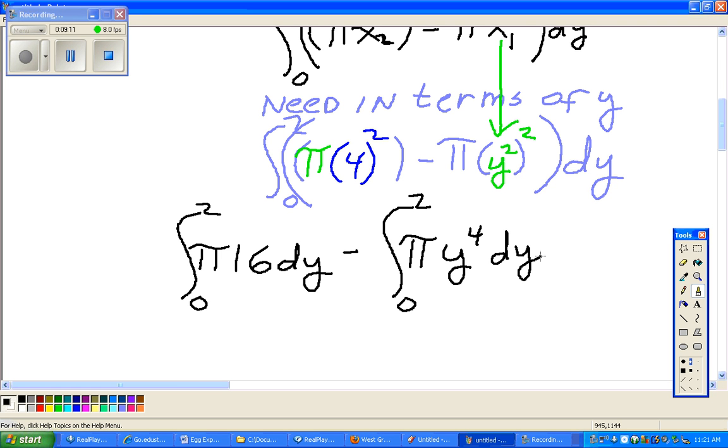And then when I look at that, it's easier to bring everything that's a constant number to the front.